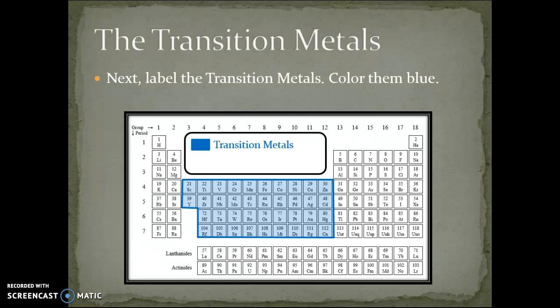Now this is the largest group on the periodic table, so this is probably going to take you a little while to fill in and shade in. So make sure that you are recording these in your key. You should have 3 things in your key so far. And go ahead and pause the video as you fill in the transition metals.